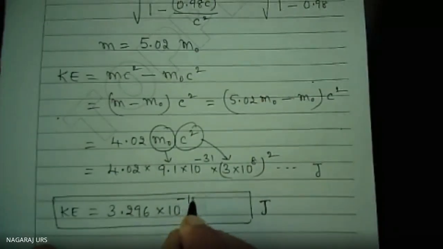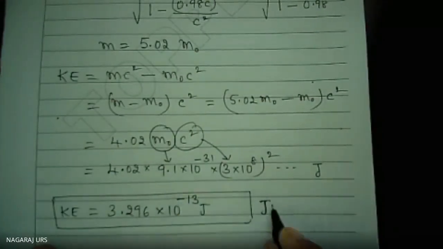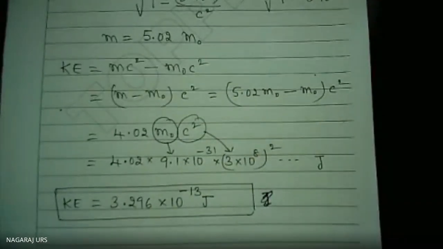Okay. Shall I write like this? Are they one and the same? Maybe the decimal point may be changed. Right, Kiran? Okay, Kiran.